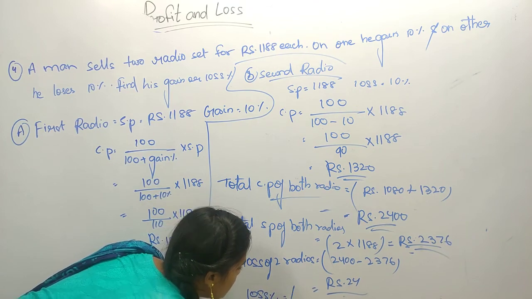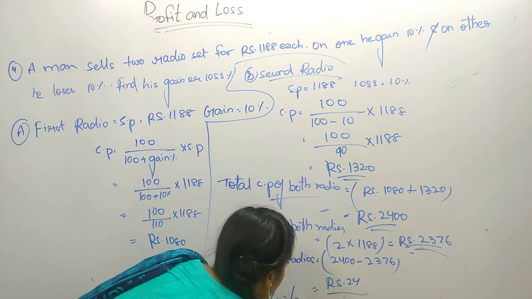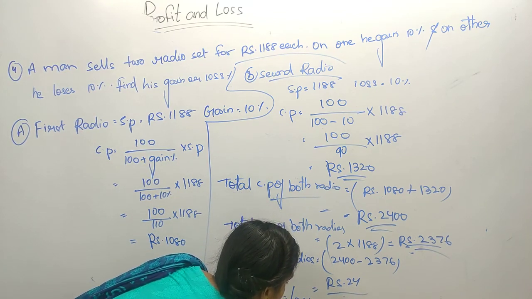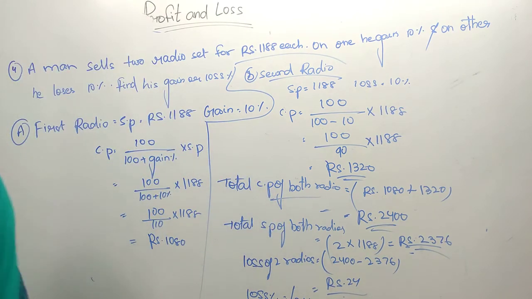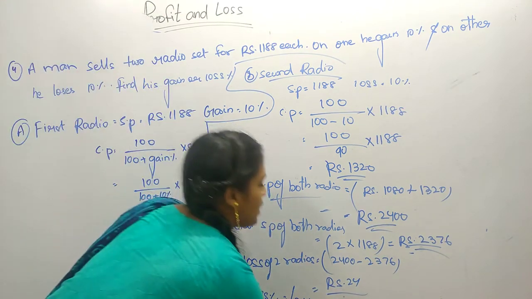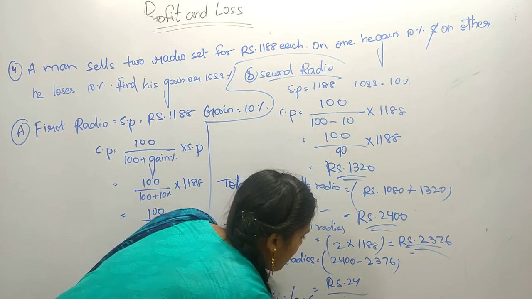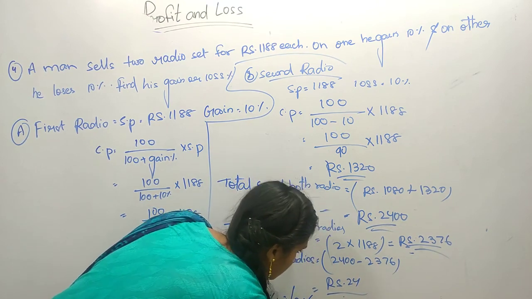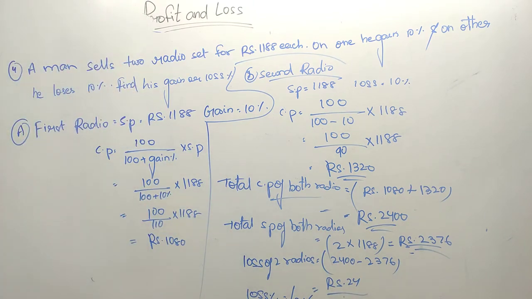Loss percent is equals to how much? 24 by 2400 into 100. Means how much you will get? 1%. Loss percent is equals to how much? 1%. Okay. We'll see in the next class.